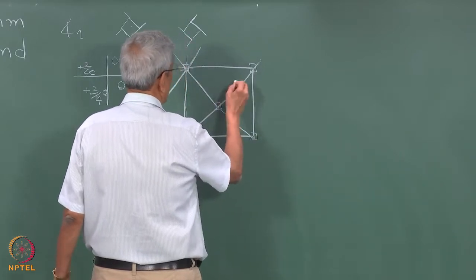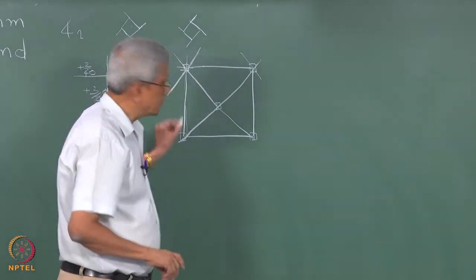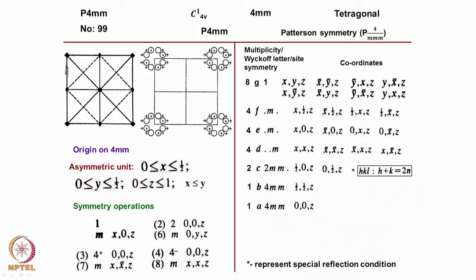Okay. How we represent a mirror is this line is made thick. That's the only way this mirror is represented. Okay. In the plane of the paper, if the mirror is lying on the XZ or YZ plane, that line is made thick. If the line is thin, there is no mirror associated with it. Okay.